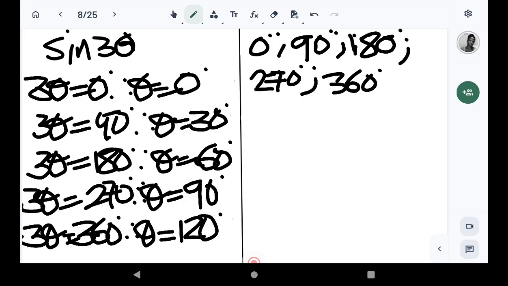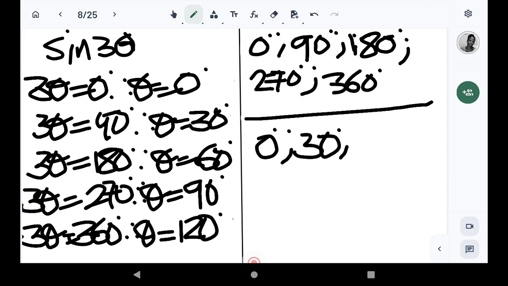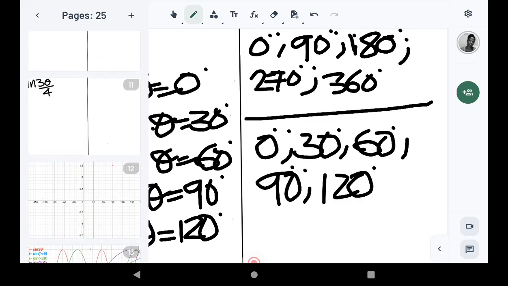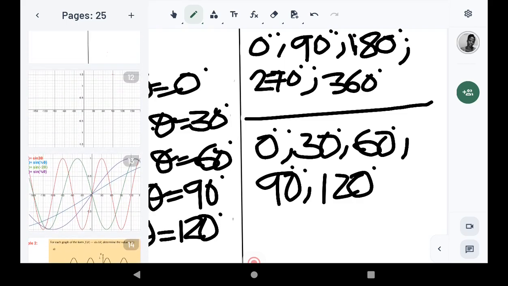Now everything on the left hand side you use reflection to figure out, and everything beyond to the right and to the left, you use periodicity to cover. So we're going to start with 0, go to 30, go to 60, then 90, and then from 90 go to 120 degrees. Everything else we can just duplicate using periodicity and reflection.